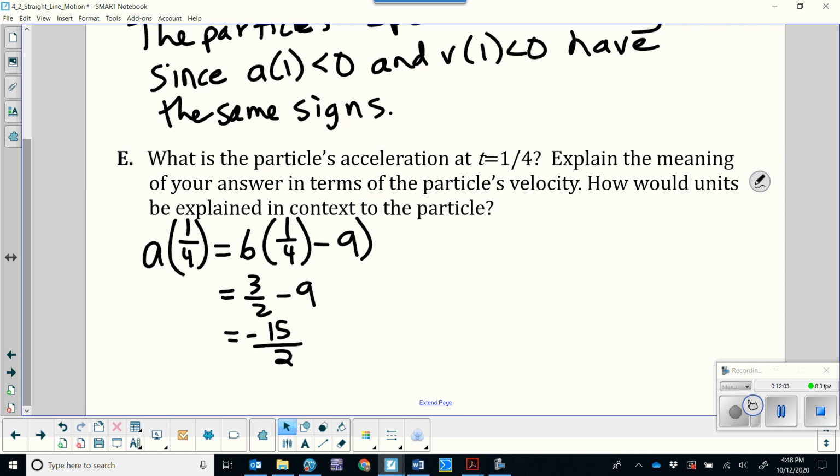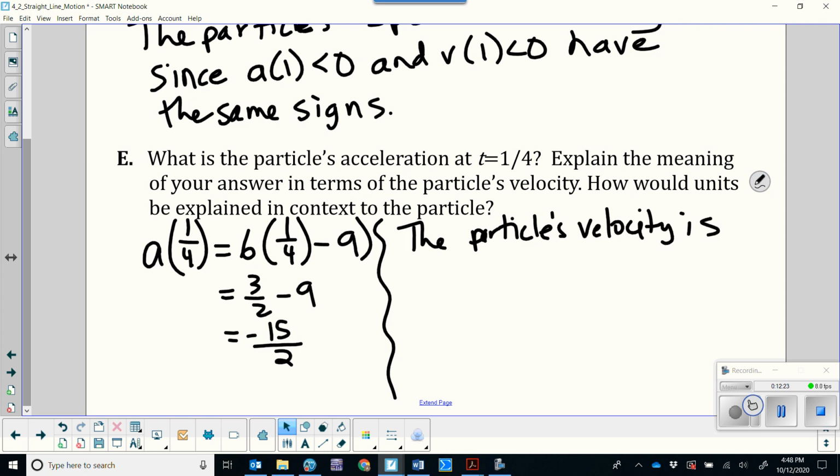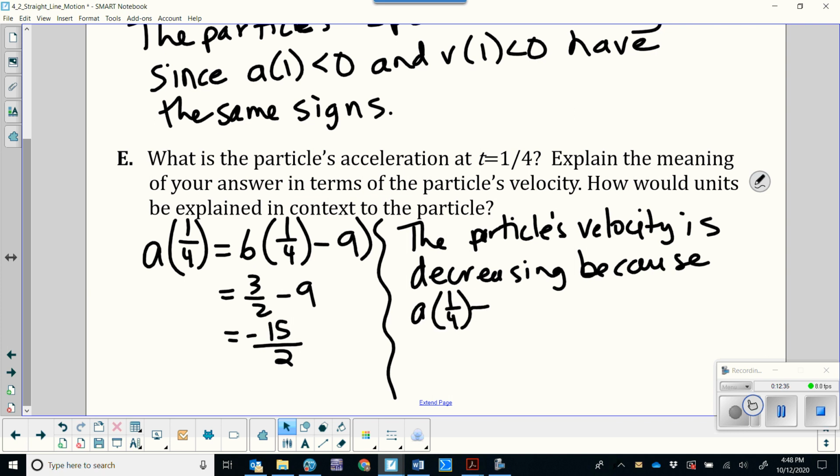And then we want to explain the meaning of the answer in terms of velocity. So in terms of velocity, the acceleration being negative means that the particle's velocity is decreasing because acceleration at 1/4 equals negative 15/2, less than 0.